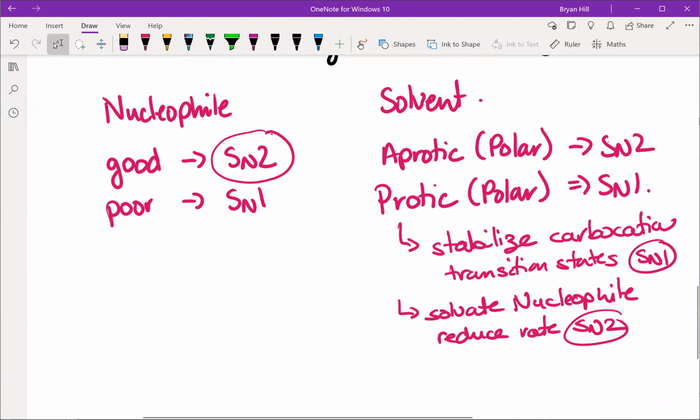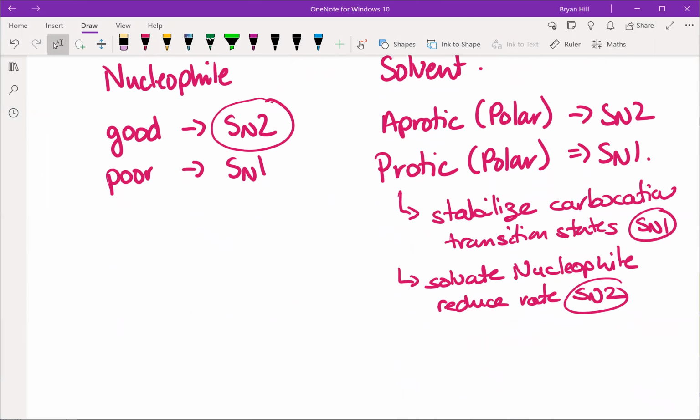That was, someone asked about nucleophiles. So remember when we're talking about nucleophiles, what makes a good nucleophile? Basically, what we did at the start of term with regard to bases, whatever was a strong base was a good nucleophile.